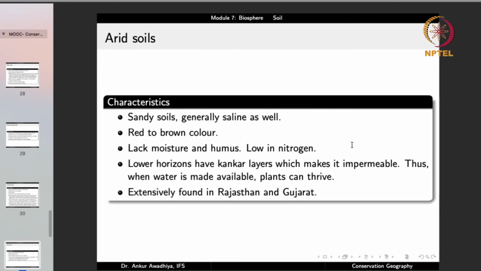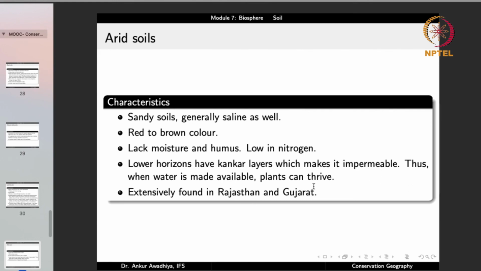We have arid soils, which are dry soils. Think about desert and you understand the arid soils. They are sandy soils, generally saline as well, which means that they have high amounts of salt, red to brown in color, lack moisture, lack humus, low in nitrogen. Lower layers have kankar layers, which is calcium carbonate, which makes it impermeable.